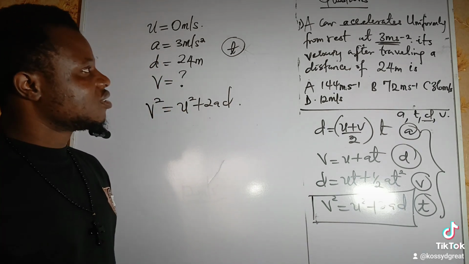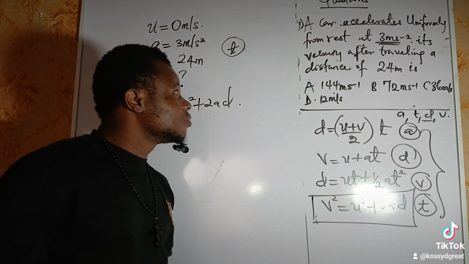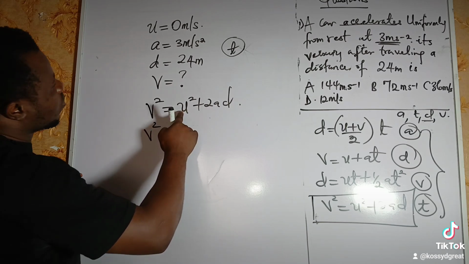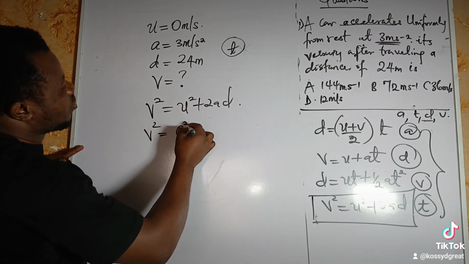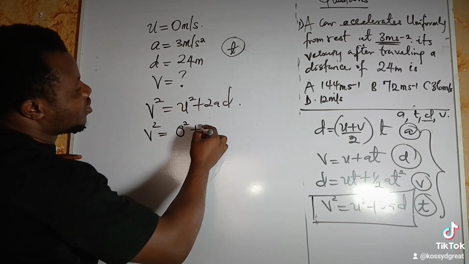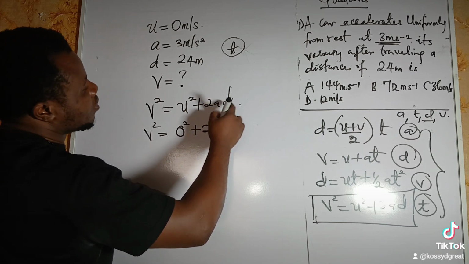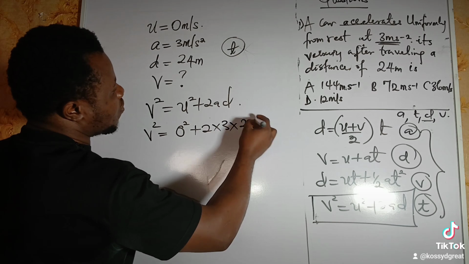We are going to have numerous calculations on this kinematic study of motion. Then V squared is equal to, what is the initial speed? 0 squared, plus 2 times the acceleration, 3, times 24.